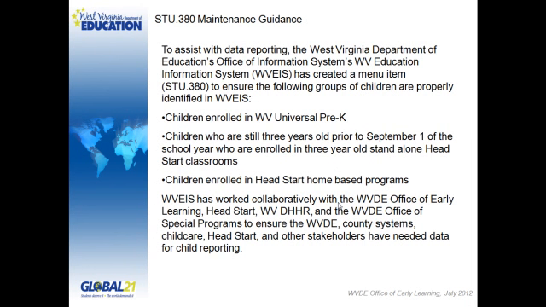So this is for children enrolled in West Virginia Universal Pre-K, children who are still 3 years old prior to September 1 of the school year, who are enrolled in 3-year-old standalone Head Start programs, and then children enrolled in Head Start home-based programs.